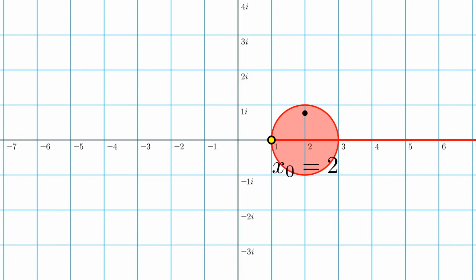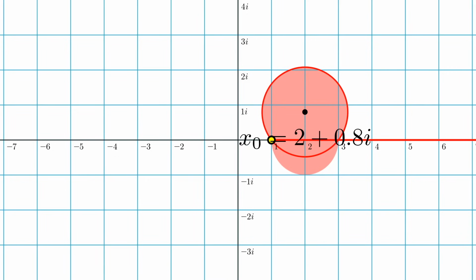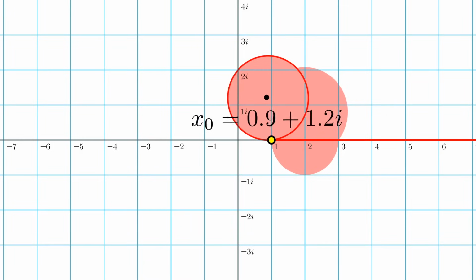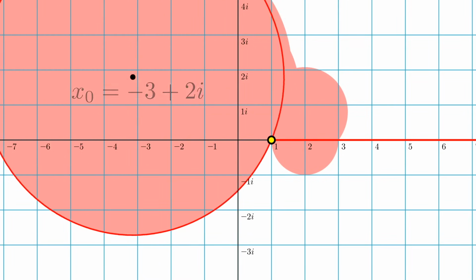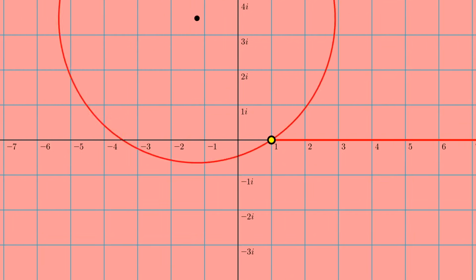Now, if I hop up to this point, I can find the Taylor series here and use that Taylor series to define the zeta function in now this even larger disk. In this way, we can actually extend the definition of zeta to cover every complex number except s equals 1.